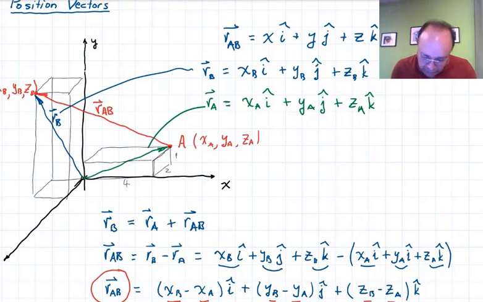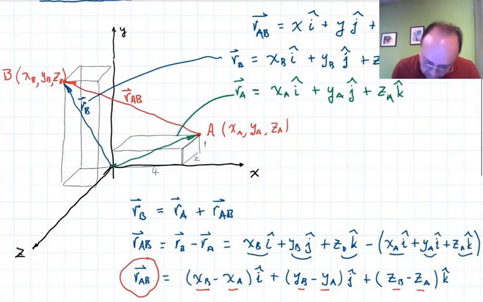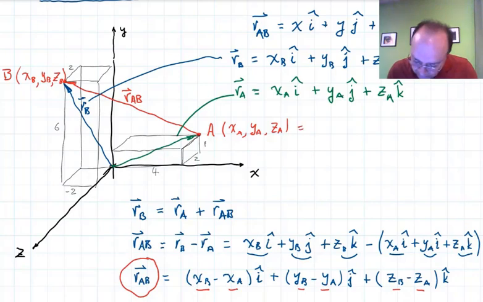For the point B, let's say the coordinates are X equals minus 2, in the y direction 1, 2, 3, 4, 5, 6, so 6, and in the z direction, let's say this is 2. So the coordinates here for A are xa 4, ya 1, za minus 2.